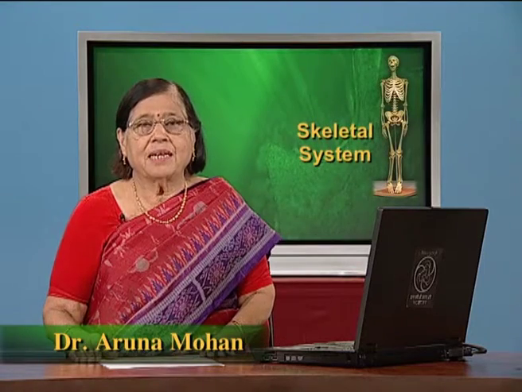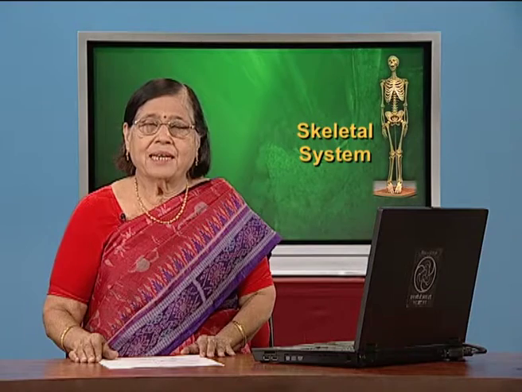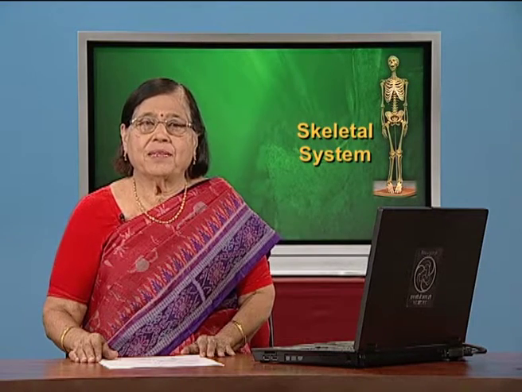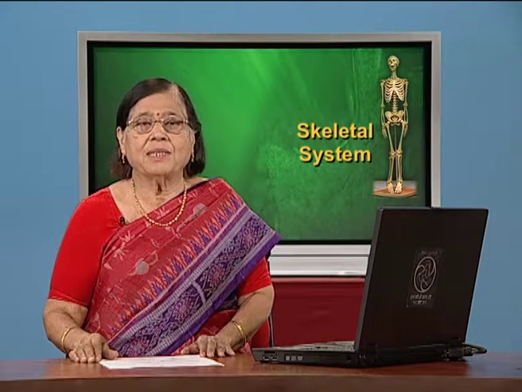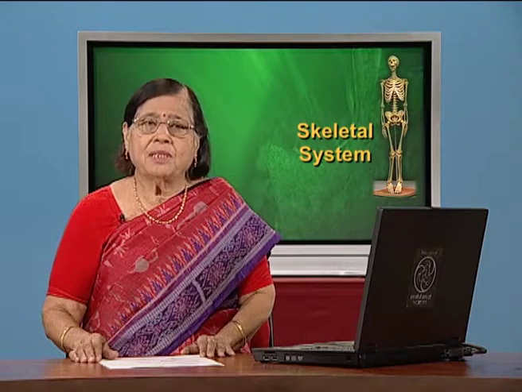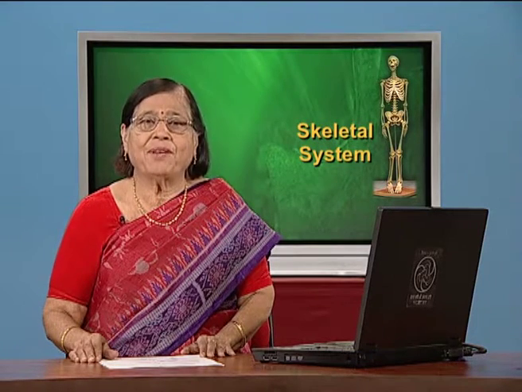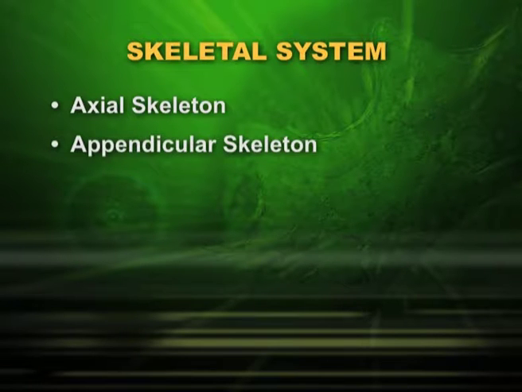Dear students, in previous sessions we discussed skeleton in relation to movement and locomotion. We understood that along with bones, the muscles and the nervous system are also important, and we discussed in detail the 206 bones which we have in our body, the axial skeleton and also the appendicular skeleton.